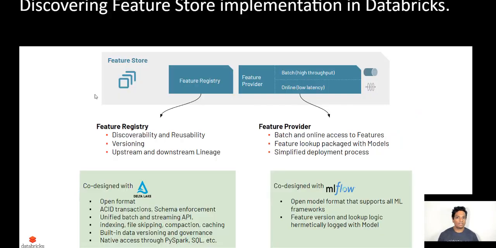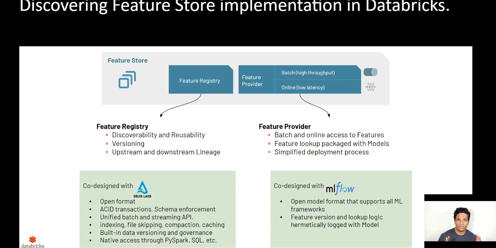So let's take a look at the implementation of the feature store within the Databricks platform. In the Databricks environment, the feature store is co-designed with Delta Lake and with MLflow. Delta Lake is an open format. It provides ACID transactions and schema enforcement.